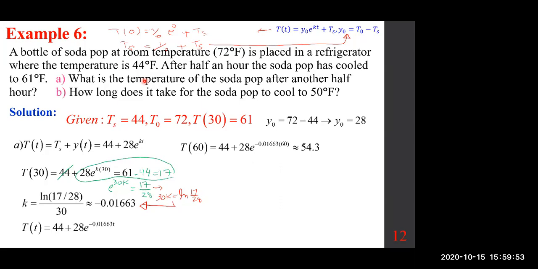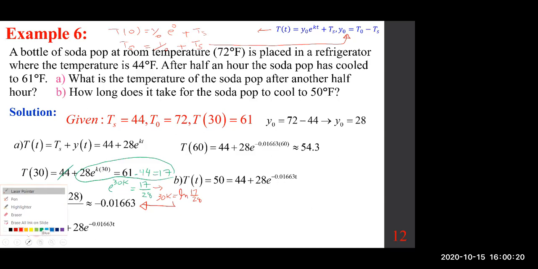Part B, how long does it take for it to go to 50? Now set this one equal to 50 and solve. Again, you've seen it many times. Subtract 44 and you get 6. Divide by 28.